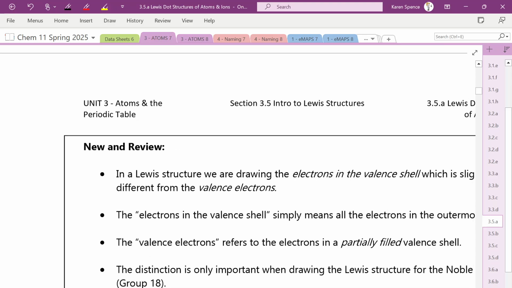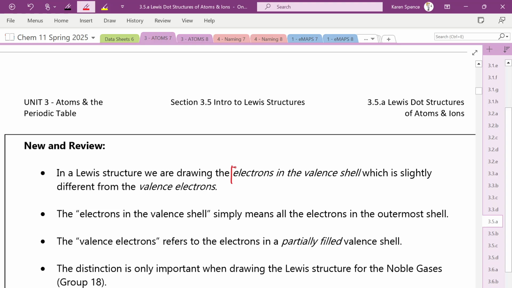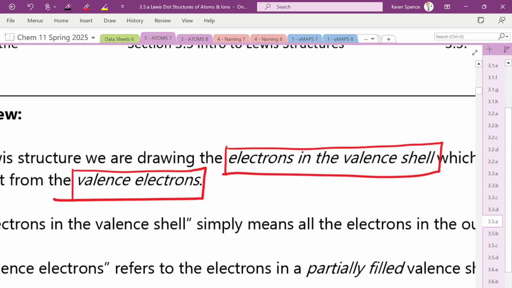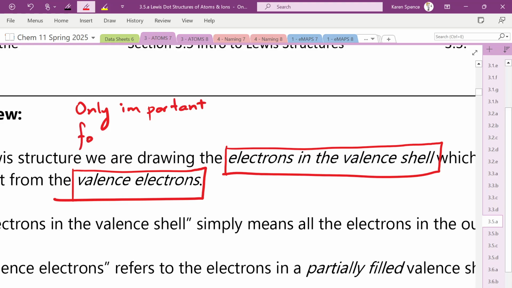Now we have to distinguish between electrons in the valence shell as being different from valence electrons. And this only matters for the noble gases. Who are the noble gases? Tell your partner.